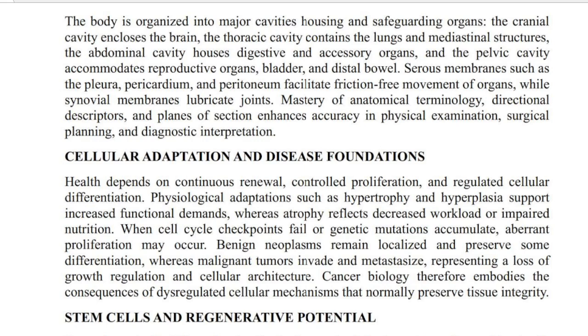Serous membranes such as the pleura, pericardium, and peritoneum facilitate friction-free movement of organs, while synovial membranes lubricate joints. Mastery of anatomical terminology, directional descriptors, and planes of section enhances accuracy in physical examination, surgical planning, and diagnostic interpretation.